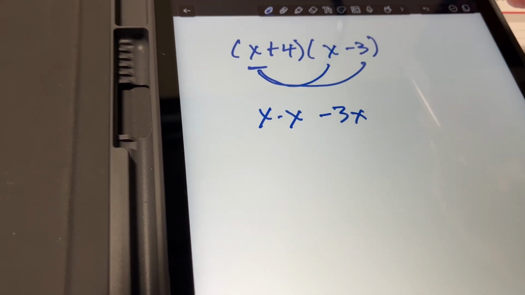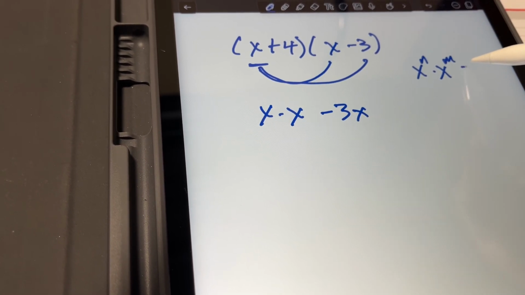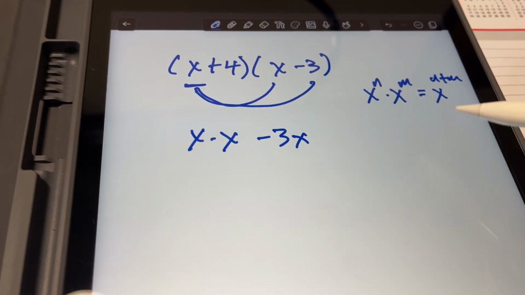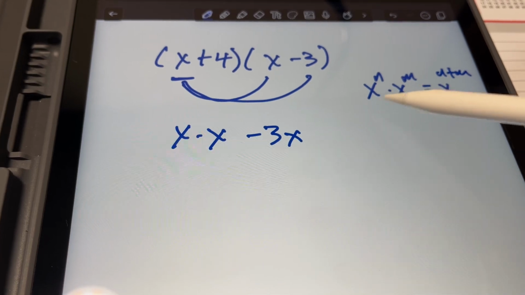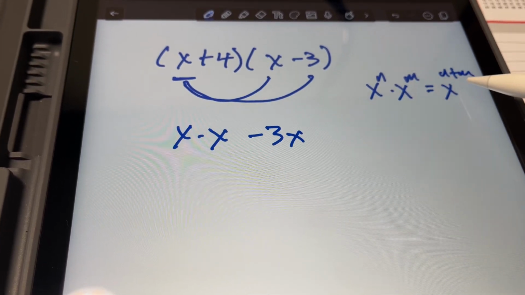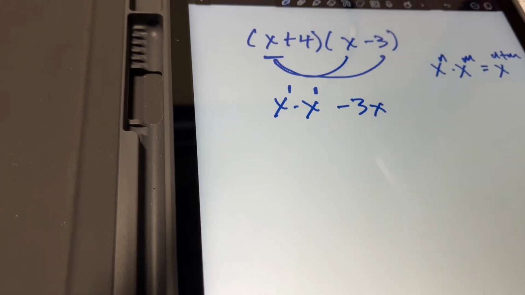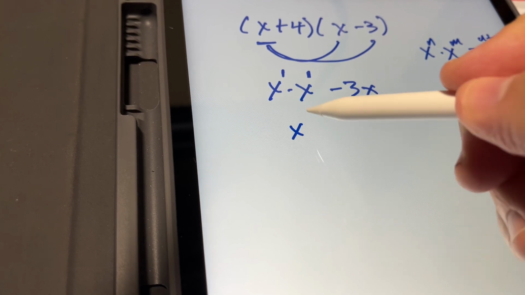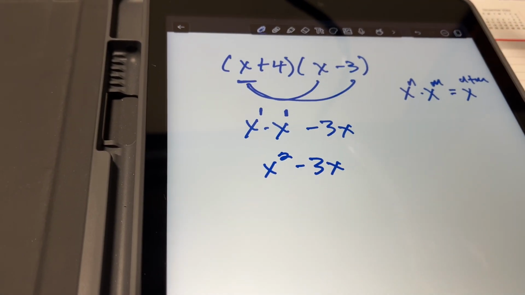So x times x, remember that by these exponential rules right here, when you multiply monomials that have the same bases, so the base here is x, you add the exponents. So x times x, they're secret ones here. So x times x is going to be x squared minus 3x. So that's what we get initially.